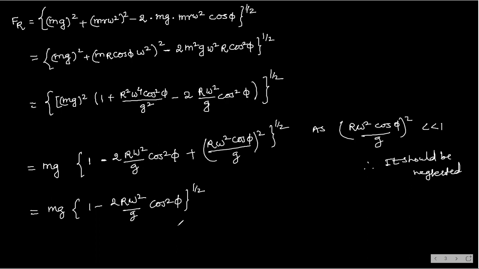So what is left, you see? 1 minus 2 into r omega square by g cos square phi, right? Clear? Check once. 1 minus 2 r omega square by g cos square phi.